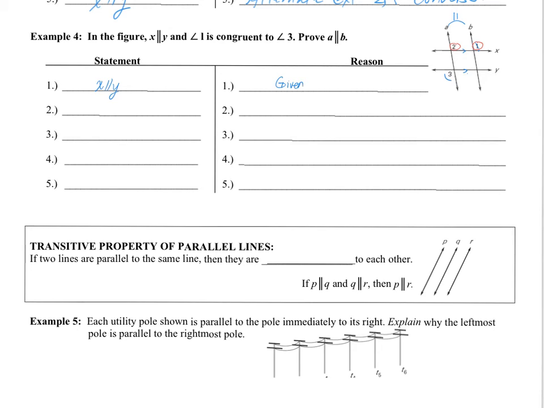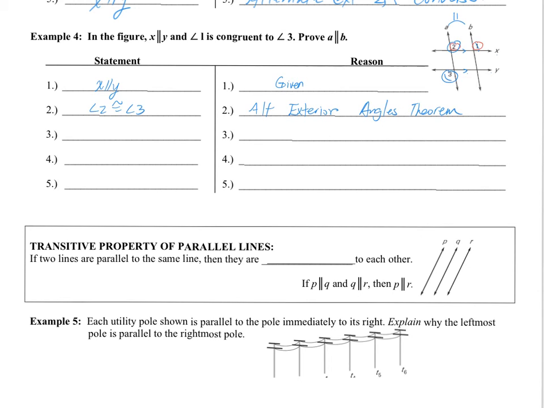Given. When x is parallel to y, then I know that angle 2 will be congruent to angle 3. I'm going to write that down here by the alternate exterior angles theorem.